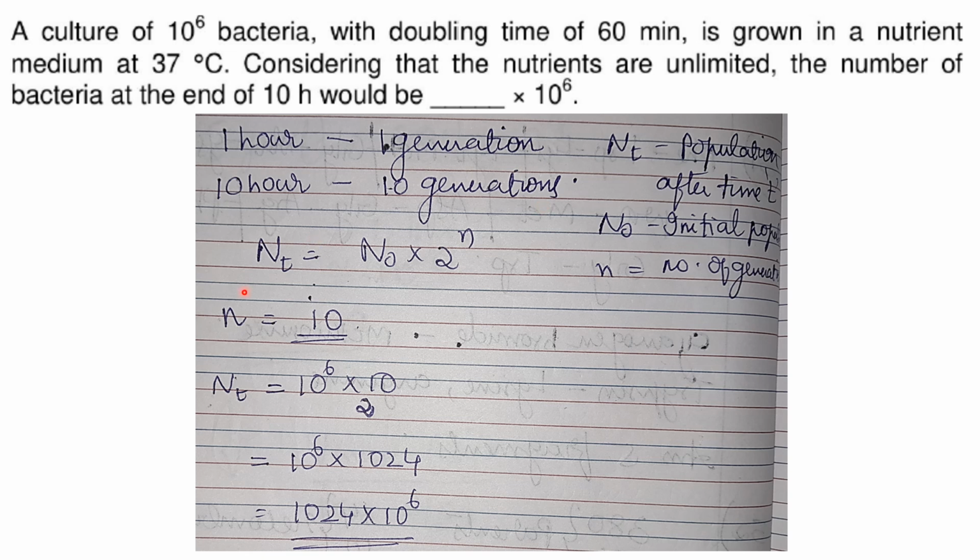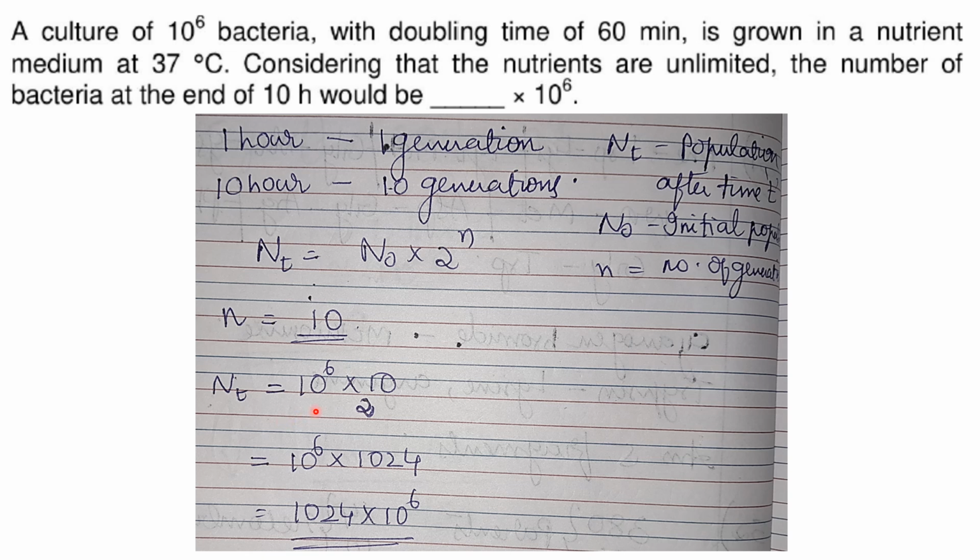Okay. Now there is a formula Nt is equal to N0 into 2 raised to n, where Nt is the population after time t and N0 is the initial population and n is the number of generations. Number of generations we already calculated, after 10 hours it will be 10 generations. So substitute. Now Nt is population after 10 hours, that you have to calculate.